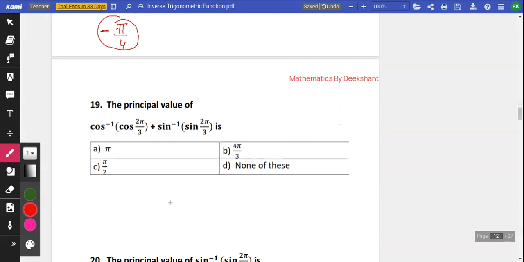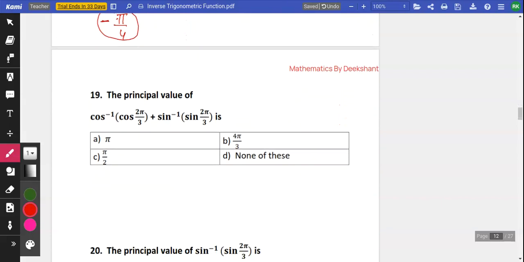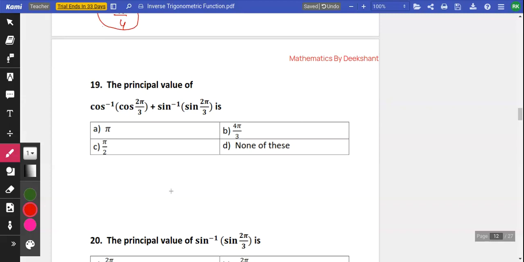In question 19, we are asked the principal value of cos inverse cos 2 pi by 3 plus sine inverse sine 2 pi by 3. So basically cos inverse cos x is equal to x when x lies from 0 to pi.